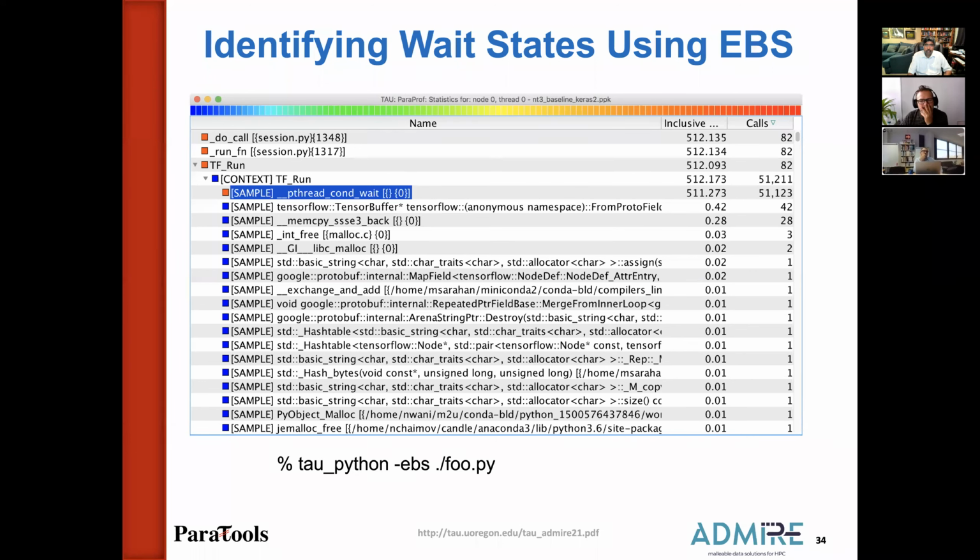And with event-based sampling, you can actually see what that particular task is doing inside MPI. In this case, for example, if you are looking at this TensorFlow execution with event-based sampling turned on, you can see functions like pthread condition wait and how much time they were taking waiting for data to arrive.